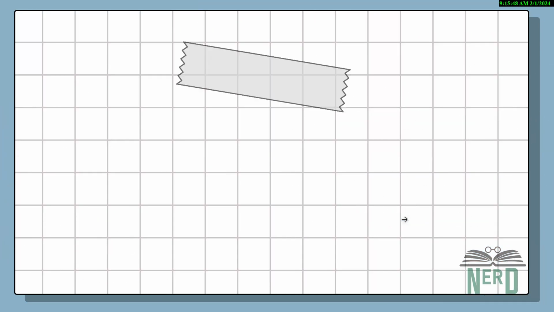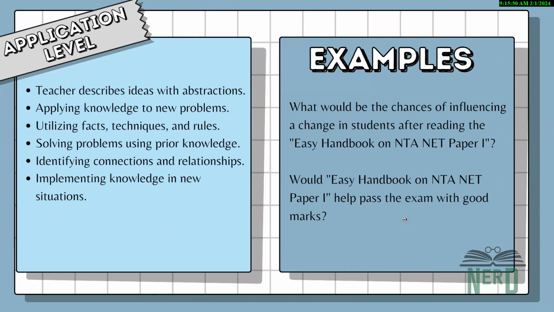Let's talk about the next level, which is the application level. This is like knowing how to cook and using that skill to whip up a meal, whatever ingredients you have at hand. It's about using what you know in new or practical ways. Say you have read the easy handbook on NTA NET Paper 1. The application level is where you think about how this book could change your approach to studying or teaching or clearing your exam.